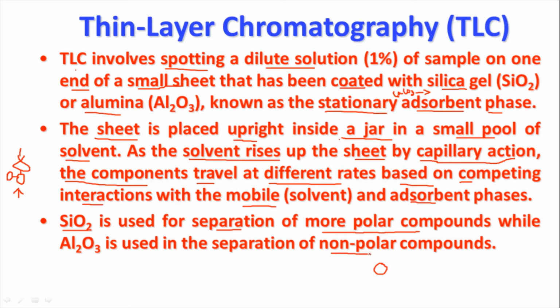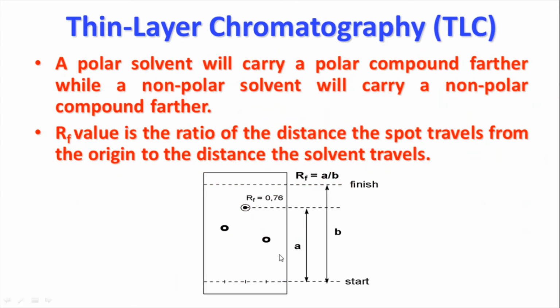In the case of separation of non-polar components, you choose aluminum oxide for achieving better separation. A polar solvent will carry the polar components, which can easily dissolve, while a non-polar solvent will carry the non-polar compounds.